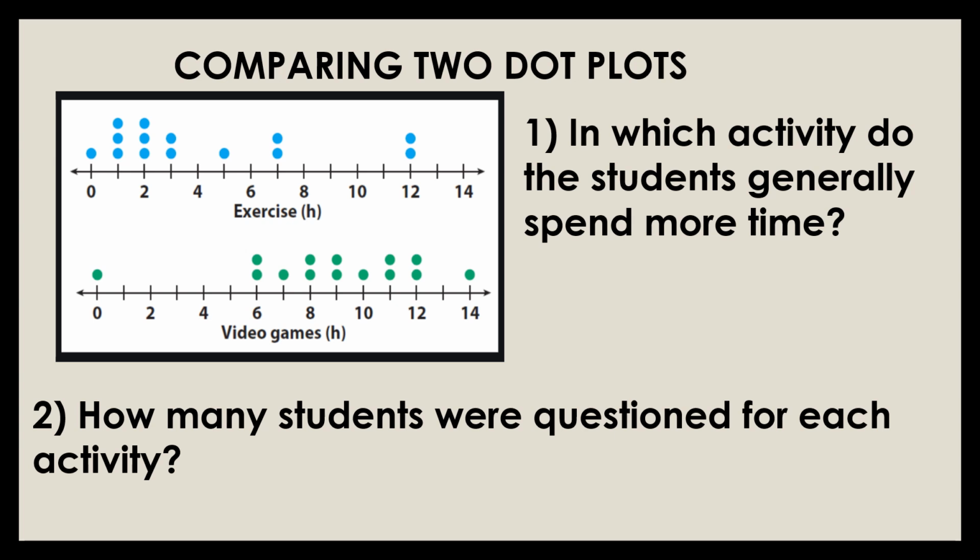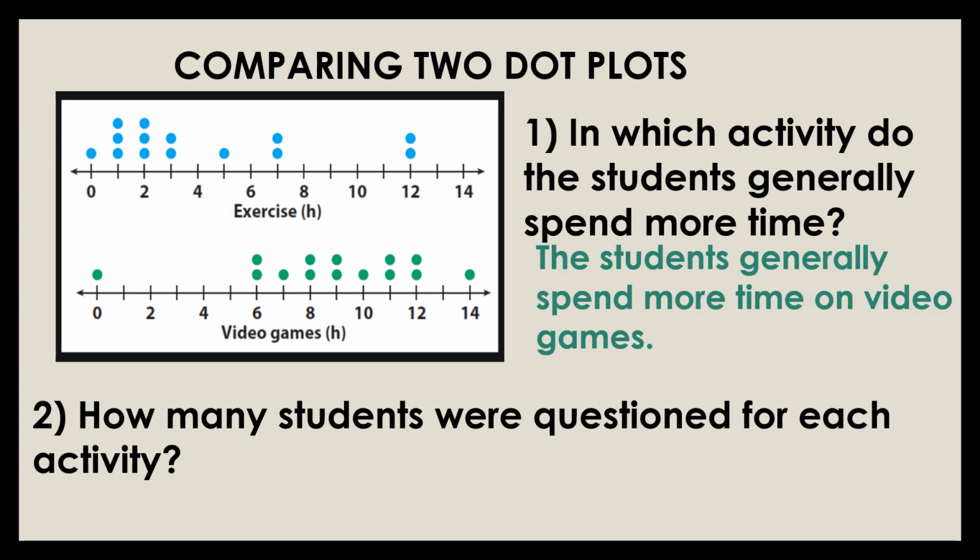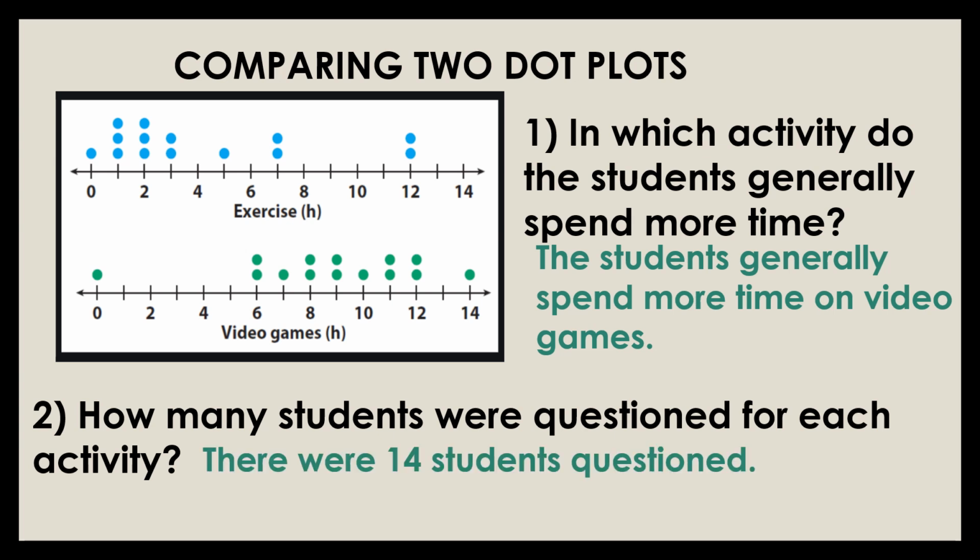Well, there are more dots at the higher values for video games. So the students generally spent more time on video games. How many students were questioned for each activity? So count the number of dots in each of the dot plots. There were 14 students questioned.